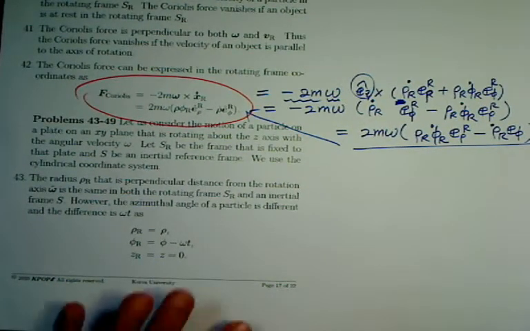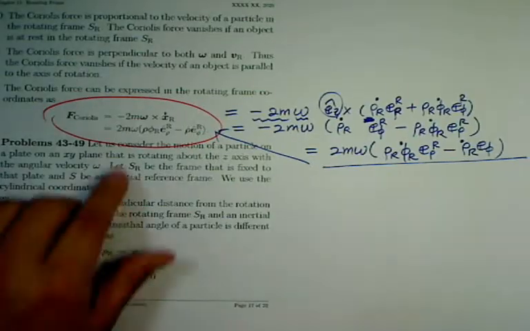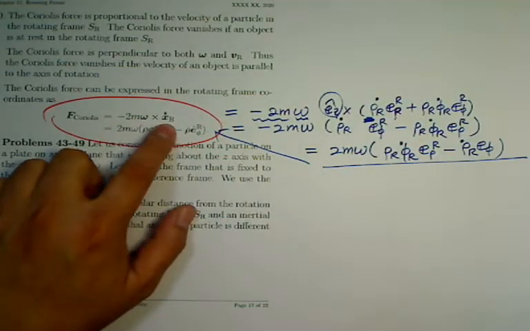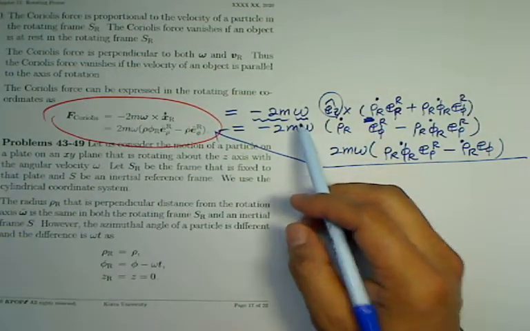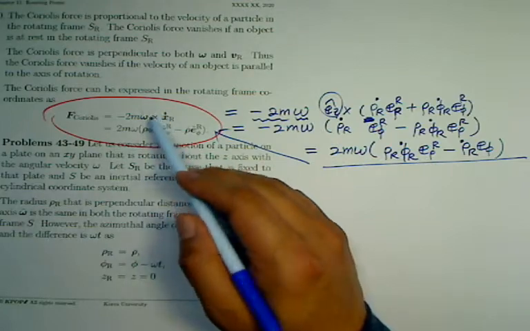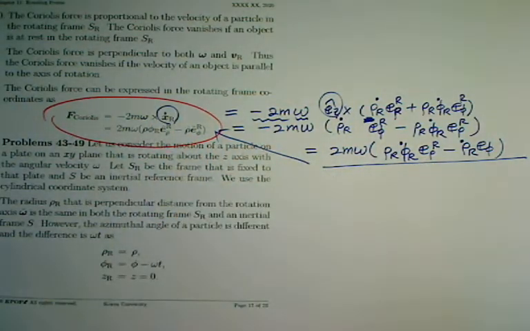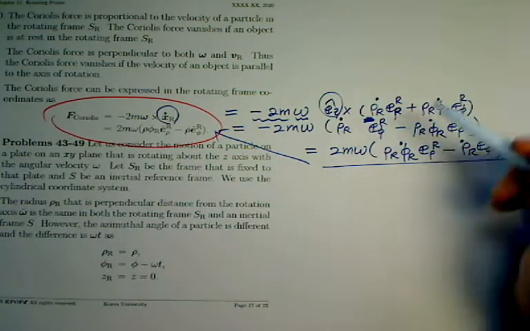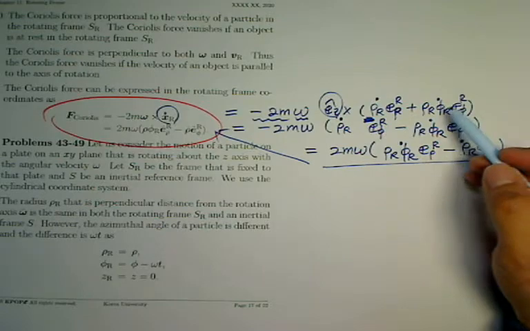According to the Coriolis force, we have minus 2m omega times the velocity measured in the rotating frame. The magnitude is pulled out, z-axis cross product velocity in the rotating frame, that is radial velocity and tangential velocity.